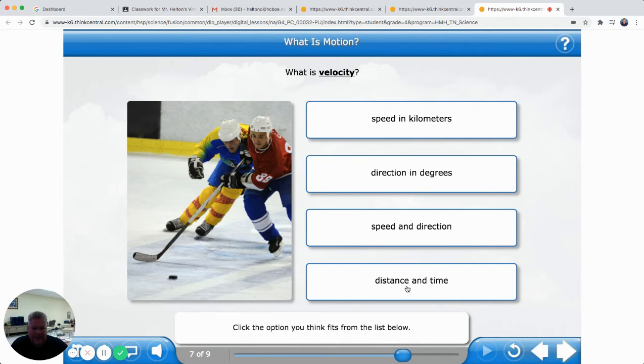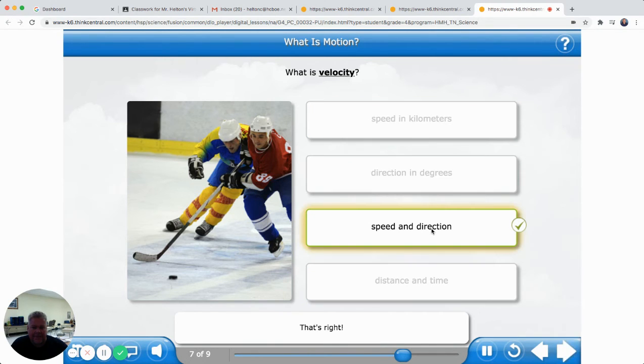Well, we just did speed. Speed was distance and time, so I know it's not that. I know it's not degrees, so is it speed in kilometers or speed and direction? I think I learned that velocity was a speed in a certain direction, wasn't it? That's right. The velocity of an object describes its speed and direction.